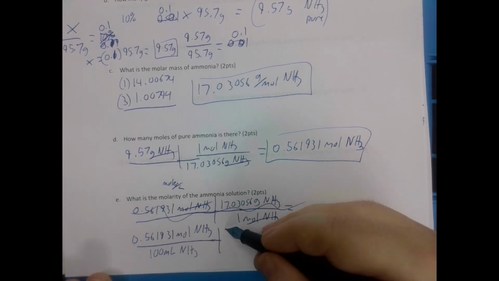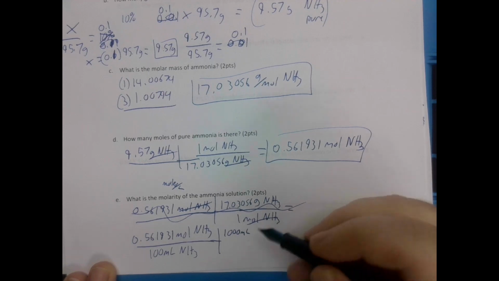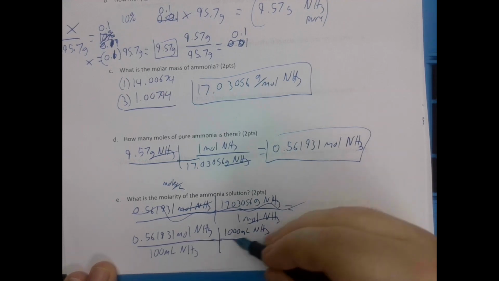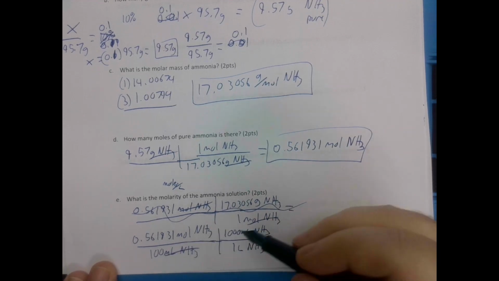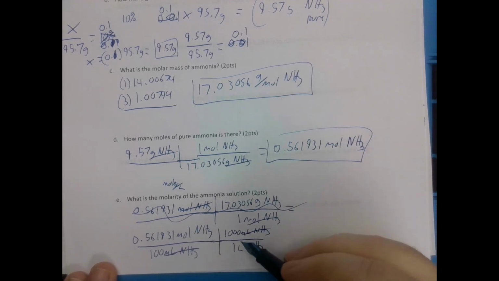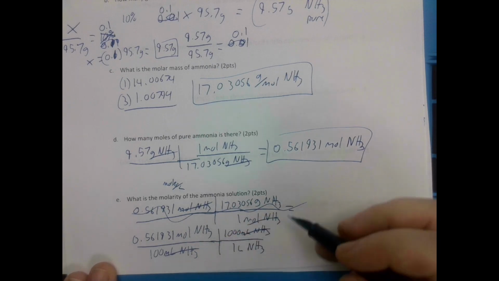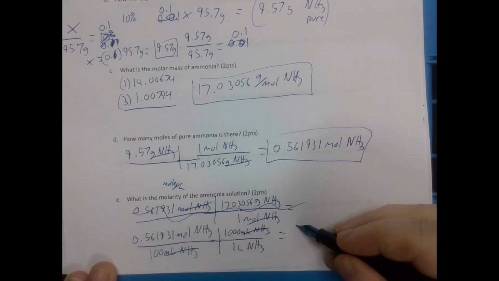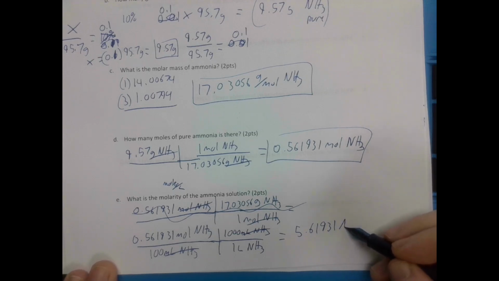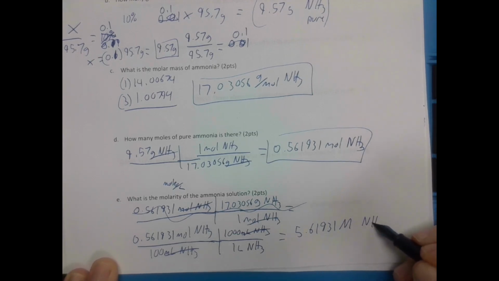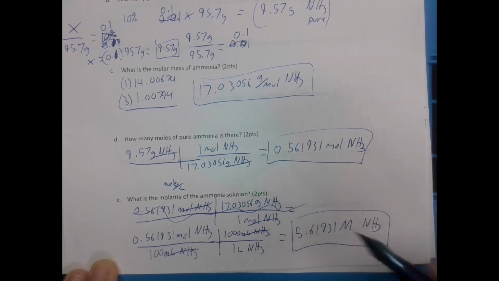So we need to convert milliliters into liters. Milliliters cancel out, and now I'm left with moles per liter. So that would be 5.61931 moles per liter, which is molarity. And that's our answer.